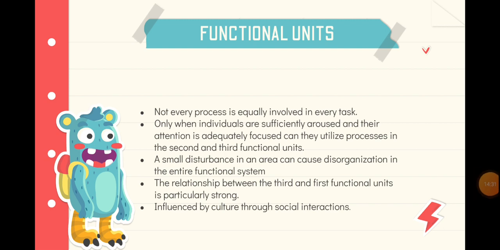This is because attention is often under the conscious control of planning. So for example, if we want to have good grades, then when we are in class, because we plan on having good grades, we will focus on the teacher rather than on our friends who are talking beside us. So that's why planning is influencing or controlling the attention process. And then the last one is that it is influenced by culture through social interactions.